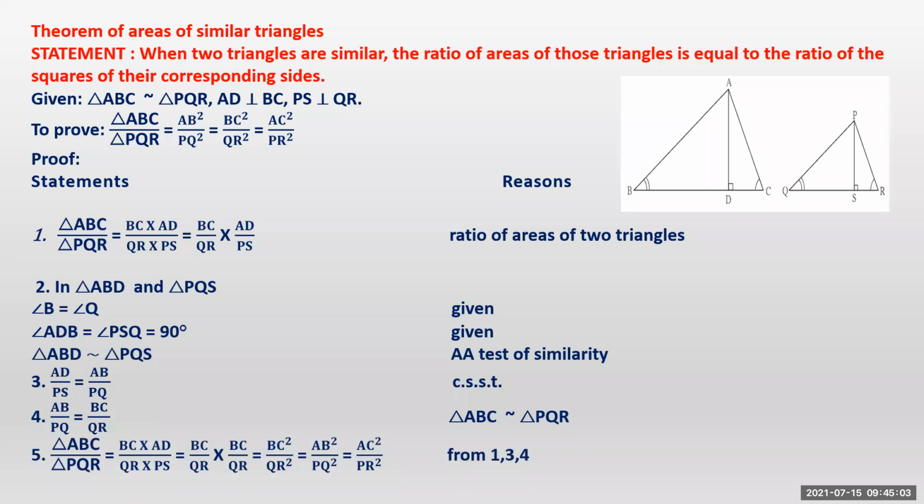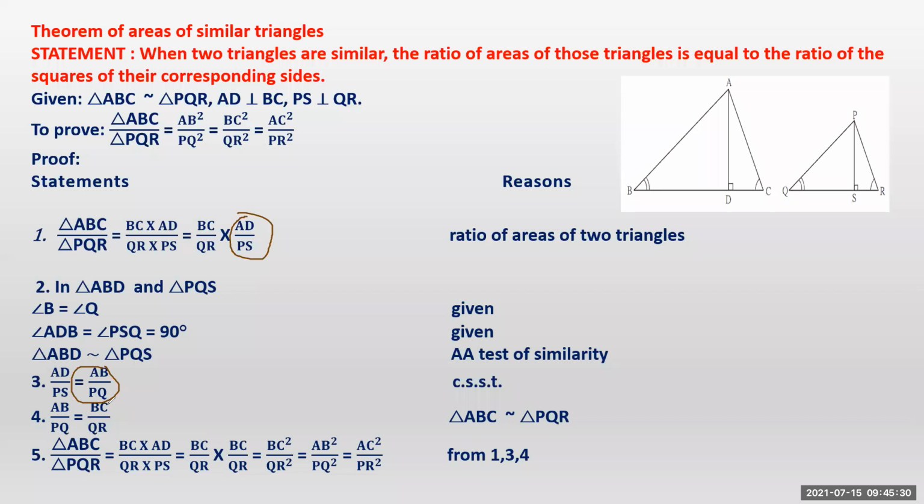The area of triangle ABC upon area of triangle PQR is BC into AD upon QR into PS. Understand? Now what you can do is replace that using statements 1, 3 and 4. In case of AD upon PS, you can put AB upon PQ.